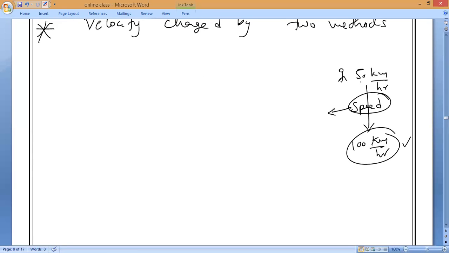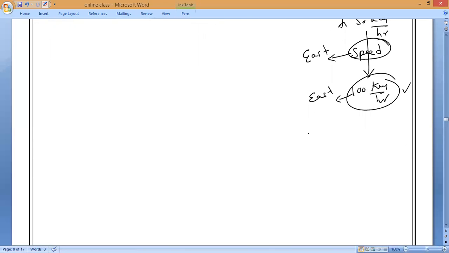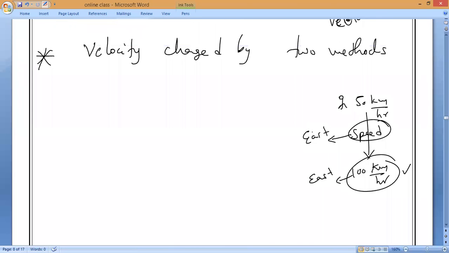Same thing I can say: Arun Kailash is traveling 50 km per hour towards the east, and the same 50 km per hour becomes 100 km per hour towards the east. Now, if speed changes, is velocity changing or not? Yes. So by increasing the speed, we can increase the velocity also. That is the first factor.